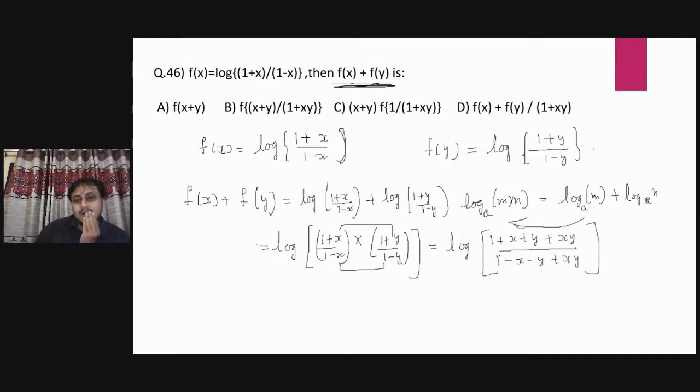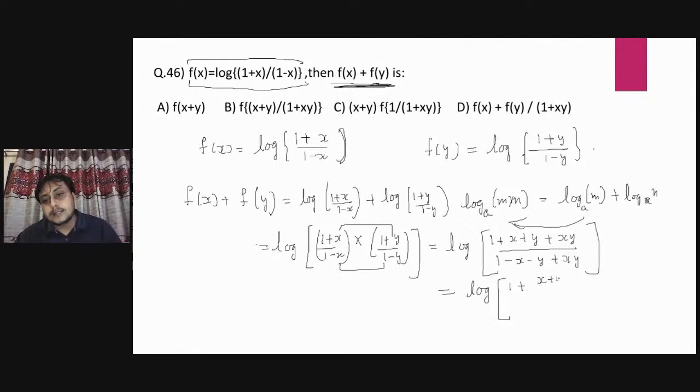So this is logarithm of 1 plus x plus y plus xy upon 1 minus x minus y plus xy, and these are the four options: f of x plus y, f of this one, this one, this one. So guys, if you think a little, I have to write this in the form logarithm of 1 plus something upon 1 minus something. So we can write it as logarithm of 1 plus x plus y upon 1 plus xy, upon 1 minus x plus y upon 1 plus xy.